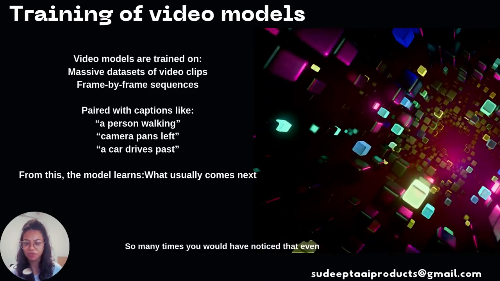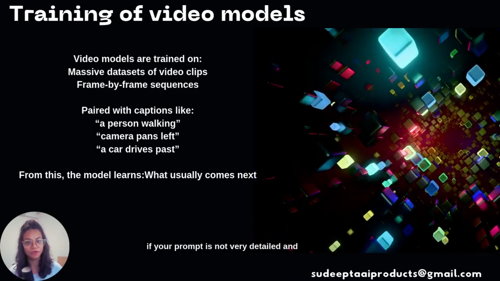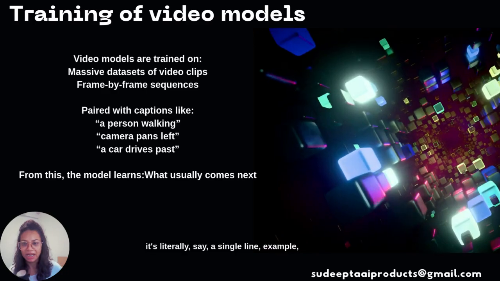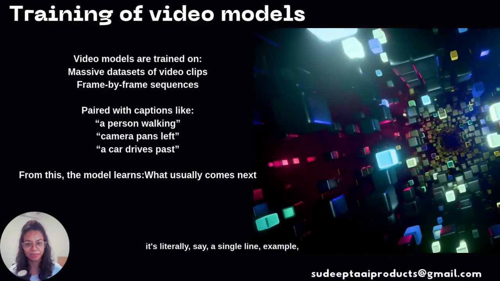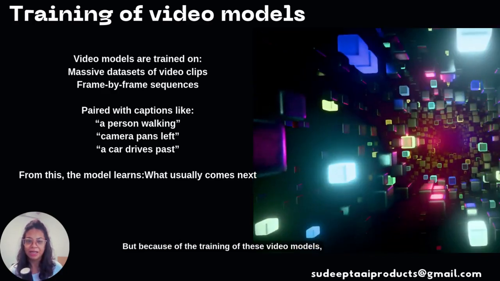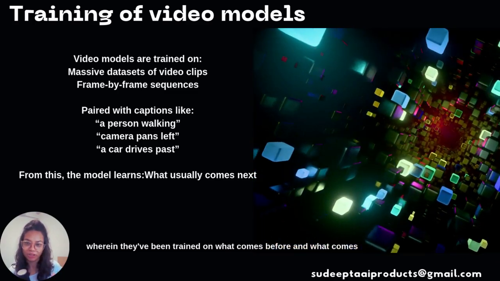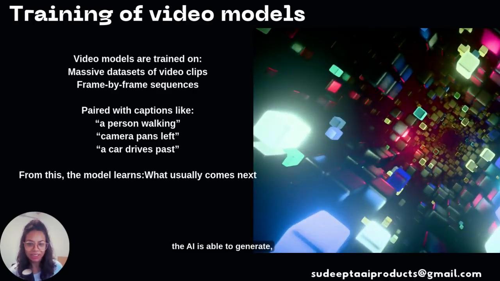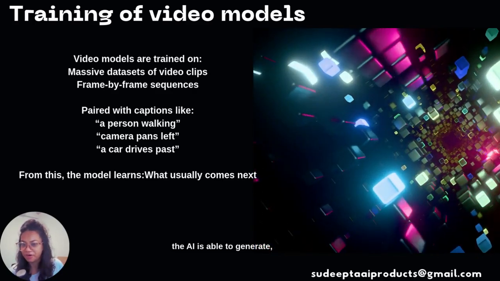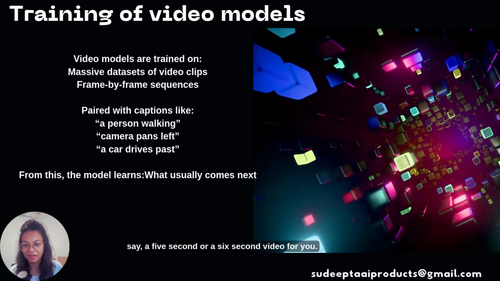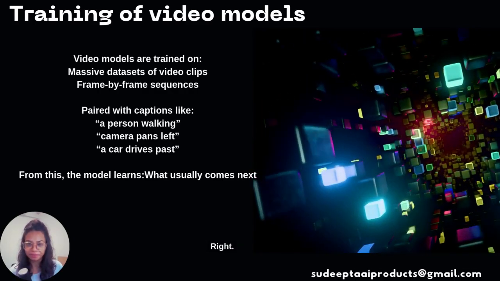Many a time you would have noticed that even if your prompt is not very detailed and is literally a single line, for example, a cat sitting on a wall, because of the training of these video models, wherein they've been trained on what comes before and what comes after, the AI is able to generate, say, a 5 second or a 6 second video for you, right?